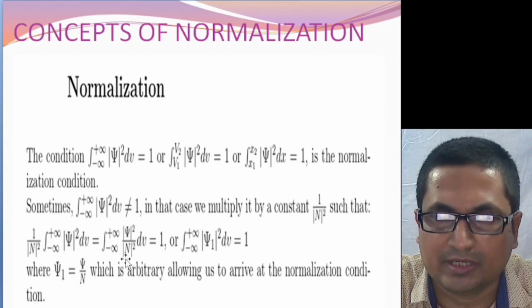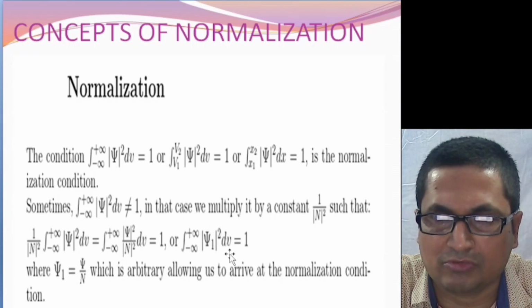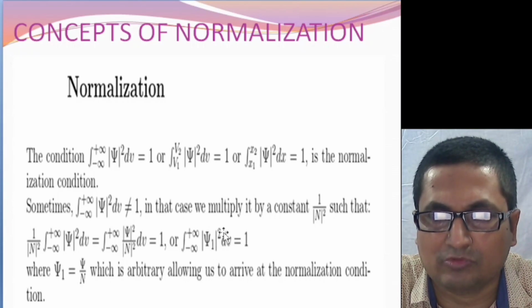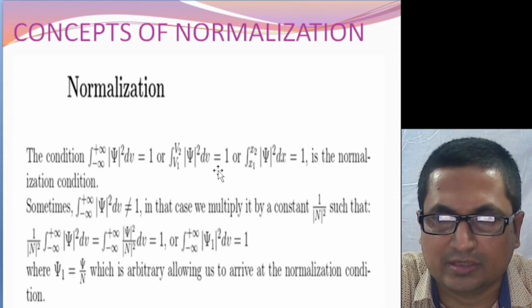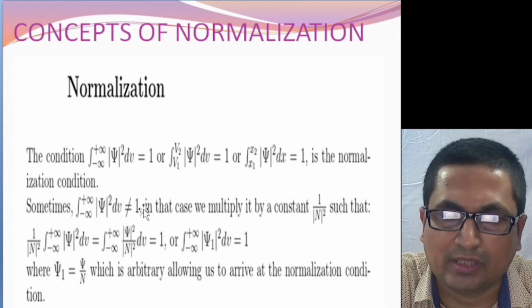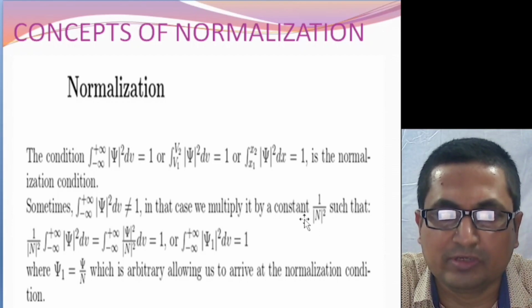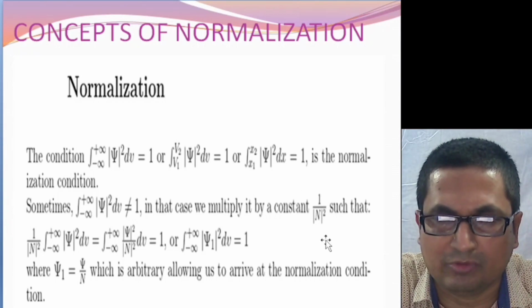And ultimately this new wave function, integral of modulus psi by n squared dv, is equal to 1, or representing psi by n as another wave function psi 1, modulus psi 1 squared dv is equal to 1. So we come to conclude that this is a normalization condition. In the particular cases where this is not equal to 1, we compel it to be 1 by multiplying with some constant, say 1 by modulus n squared.